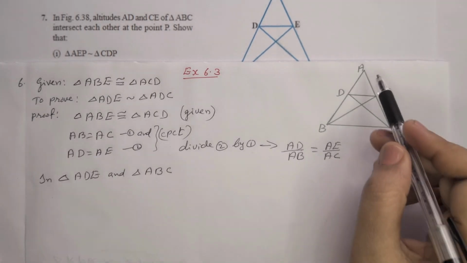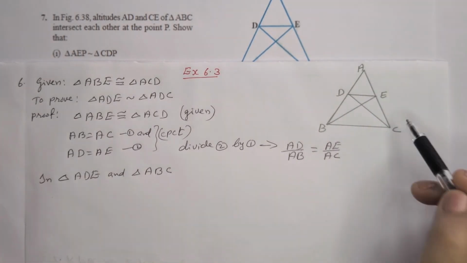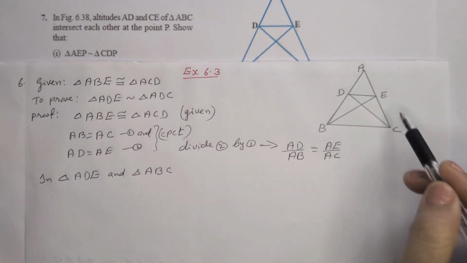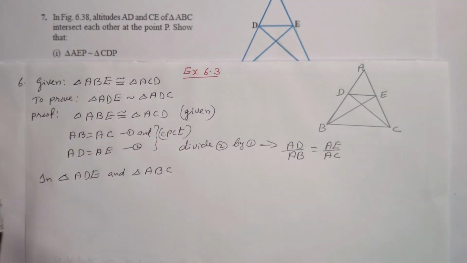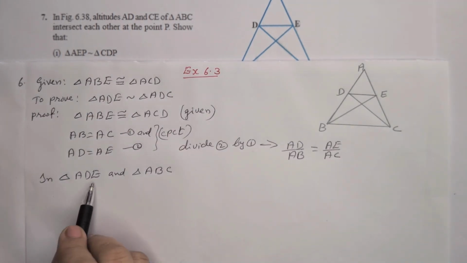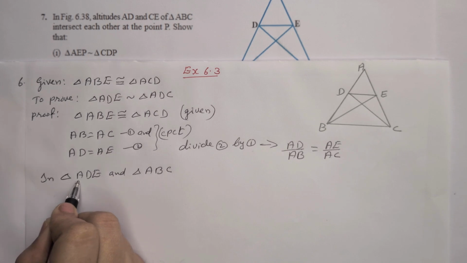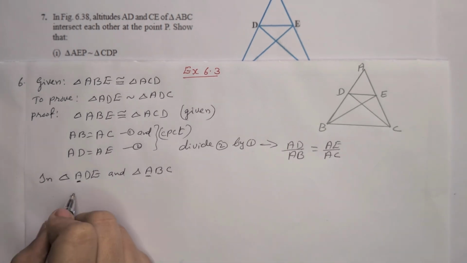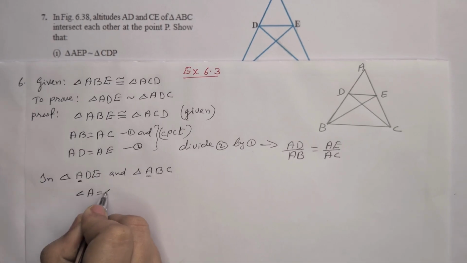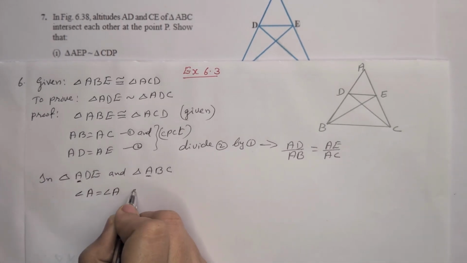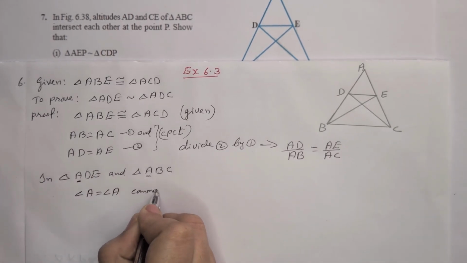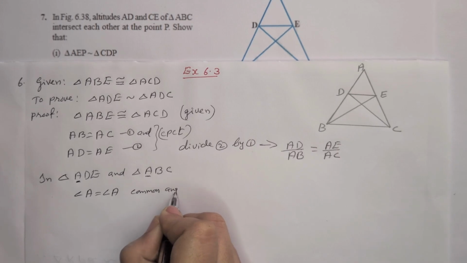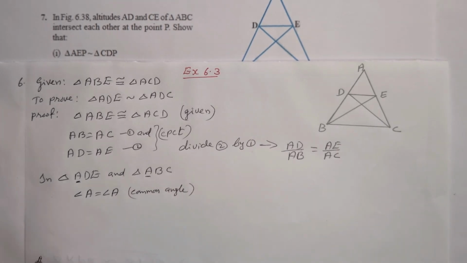Now consider triangles ADE and ABC, the small triangle and the bigger one. What we had to prove, that we had to consider. Here we know that both the triangles contain angle A. So we can write angle A is equal to angle A, common angle in both the triangles.